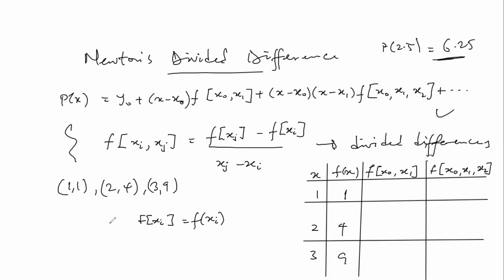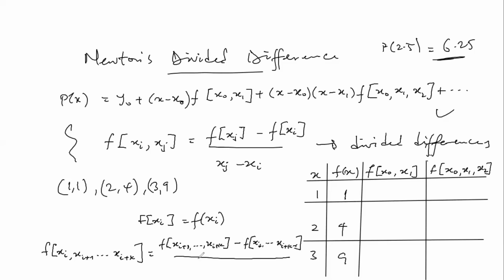So if we want to compute the higher order divided differences, then f of xi, xi plus 1, all the way to xi plus k will be the same as f of xi plus 1 all the way to xi plus k minus f of xi, all the way to xi plus k minus 1, divided by xi plus k minus xi.